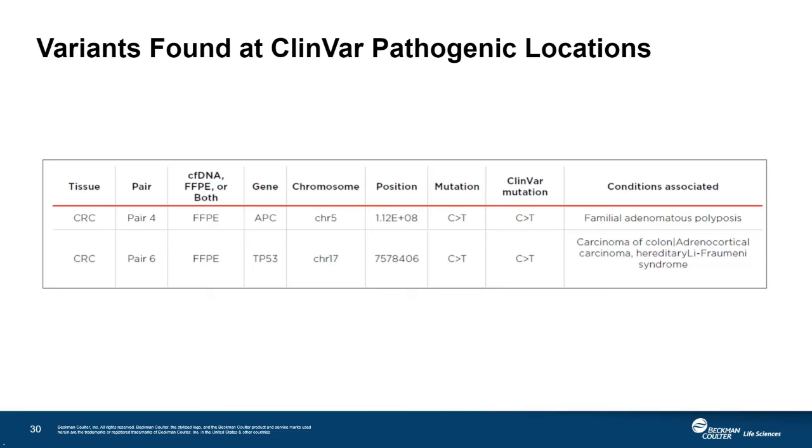We did this for 4 different tumor types, and we were able to identify 2 variants from the database that we could only find using the DNA from the FFPE tissue. So looking at this FFPE tissue, we were able to find certain associations these mutations had with clinical pathology.